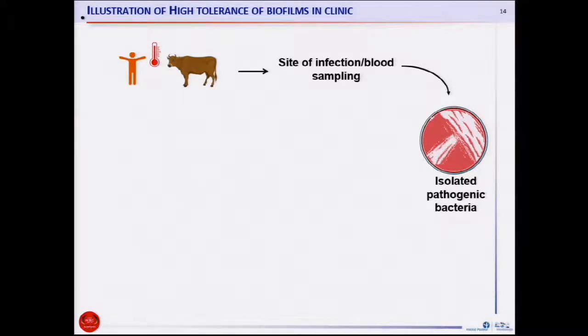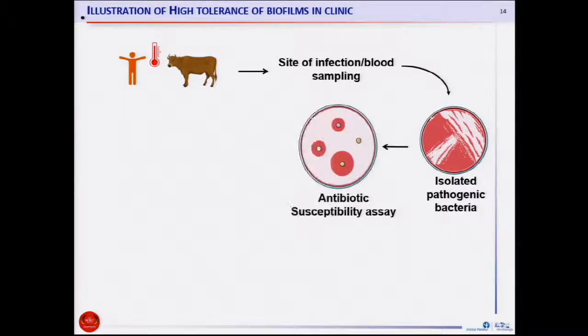If they are bacteria, you will isolate the pathogenic bacteria, and then you would do a classical antibiotic susceptibility assay to find an antibiotic for which the bacteria is susceptible. Then you say, okay, I'm going to use this antibiotic for my patient or my animal.